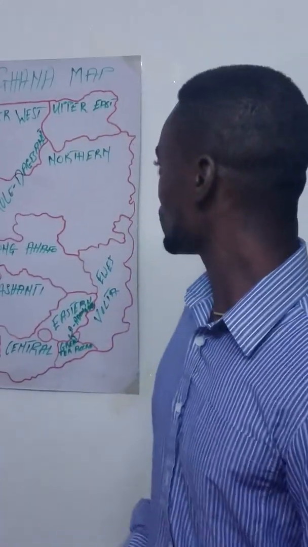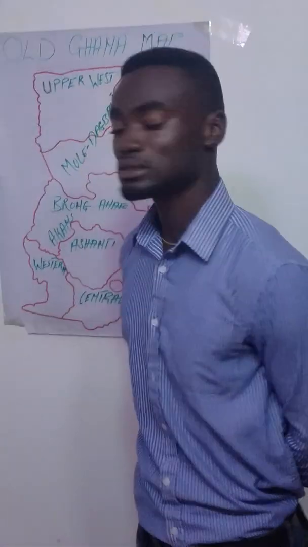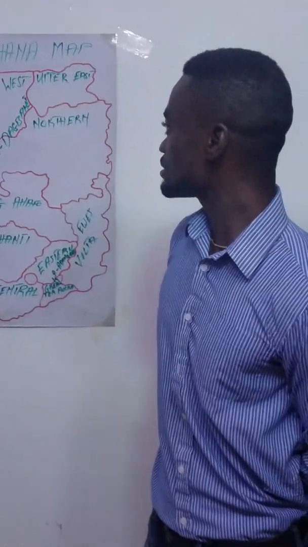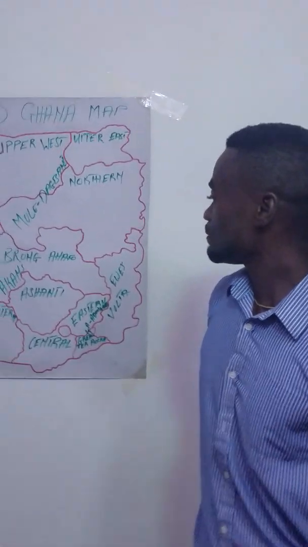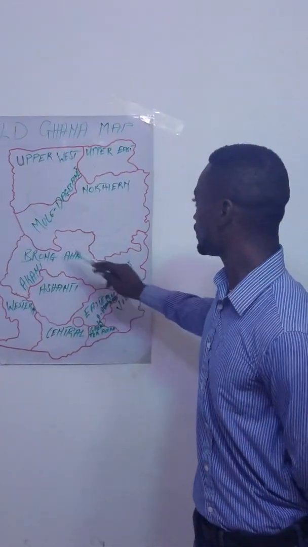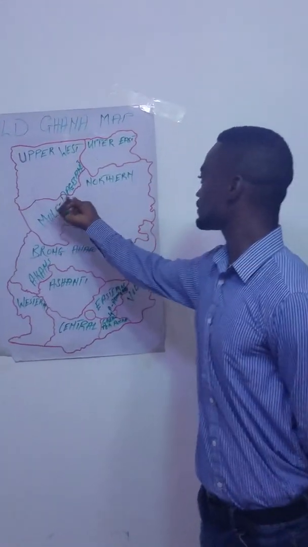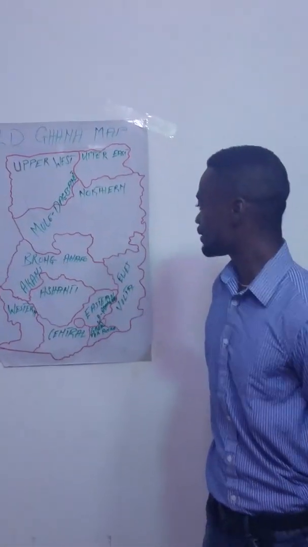So, economic opportunities. How would you explain economic opportunities and how will economic activities affect expansion of states and kingdoms? The Mole Dagbani migrated all the way from Nigeria to Mali, and then finally they settled around the northern part of Ghana. Why settle here and not move again?